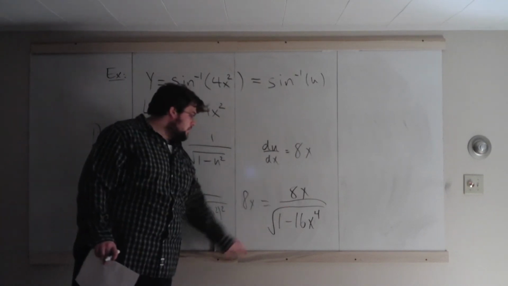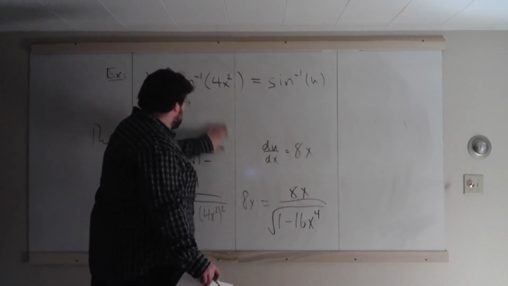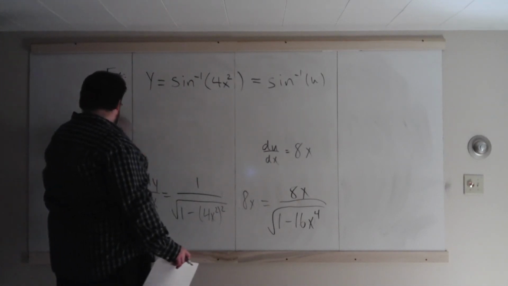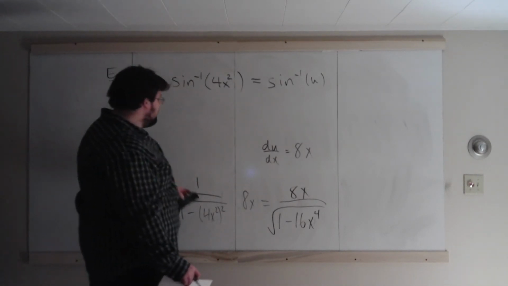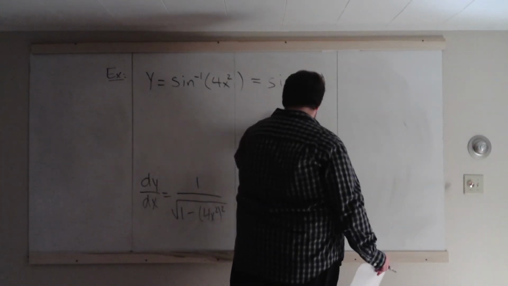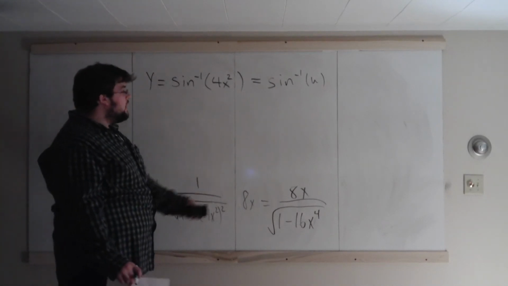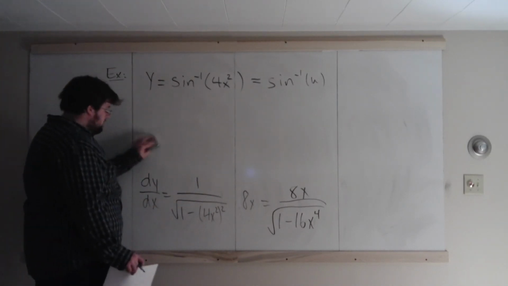Notice I squared the 4x squared. So here, to use substitution gave us 1 over root 1 minus u squared times, in this case, 8x.